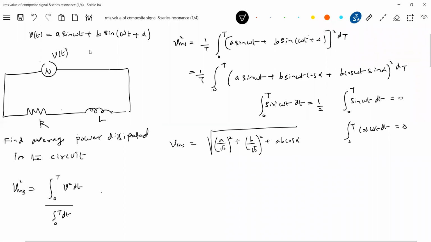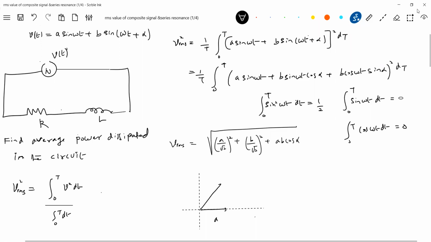A sine omega t. What is the phase of this? Zero. Magnitude is A. What is the magnitude of the second component? B. And what is the phase angle? Alpha. I'll treat this as V1 in the phasor diagram. This is A. I have maximum values, not RMS values, so let me do it for maximum here.